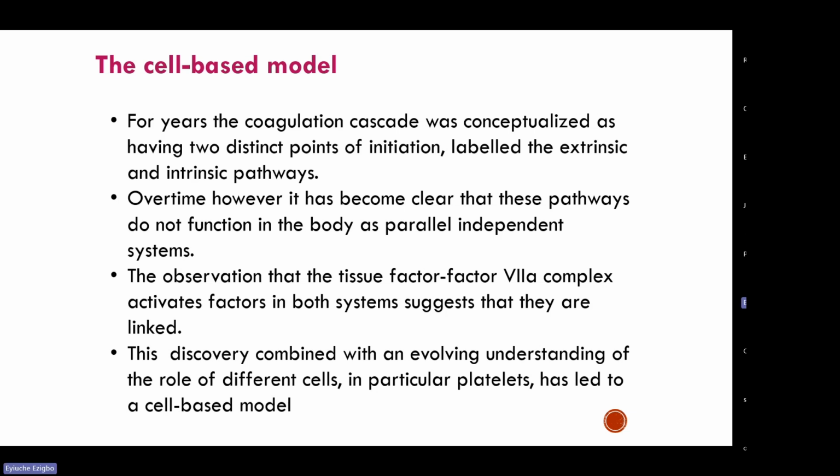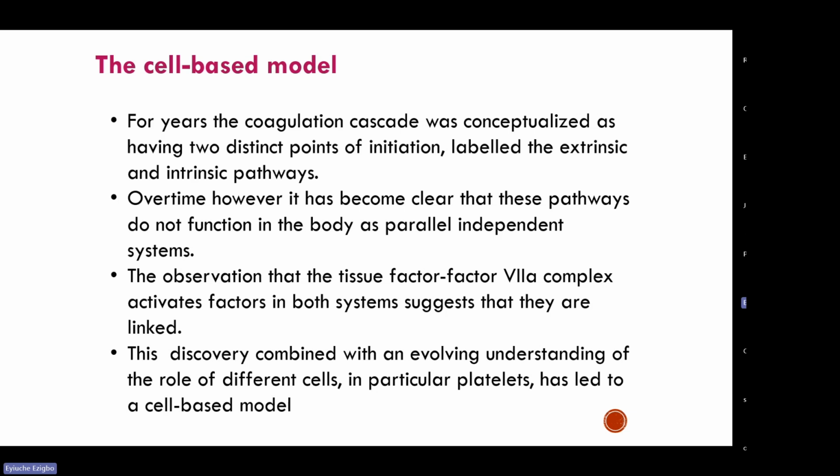Also, the observation that the tissue factor 7 complex activates factors in both systems suggests that they are linked. We saw it there. That was why I was showing you where the tissue factor was activating factor 10 directly, factor 10 that is involved in the common pathway.